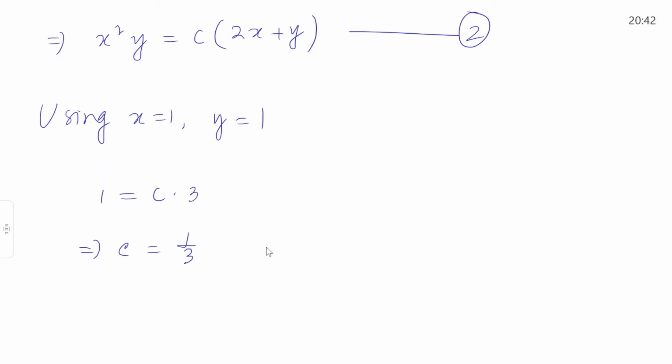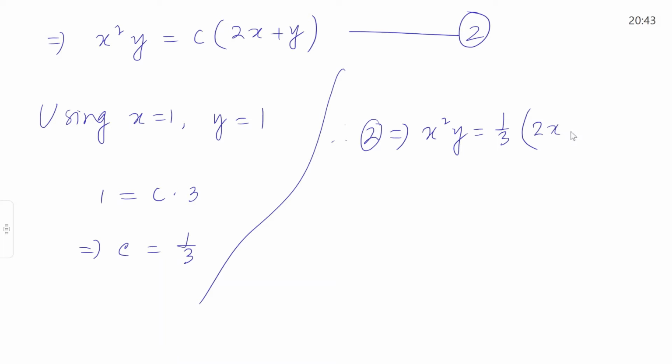Therefore the left hand side is x square y is equal to 1 by 3 into 2x plus y, and that can be written as thrice x square y is equal to 2x plus y.